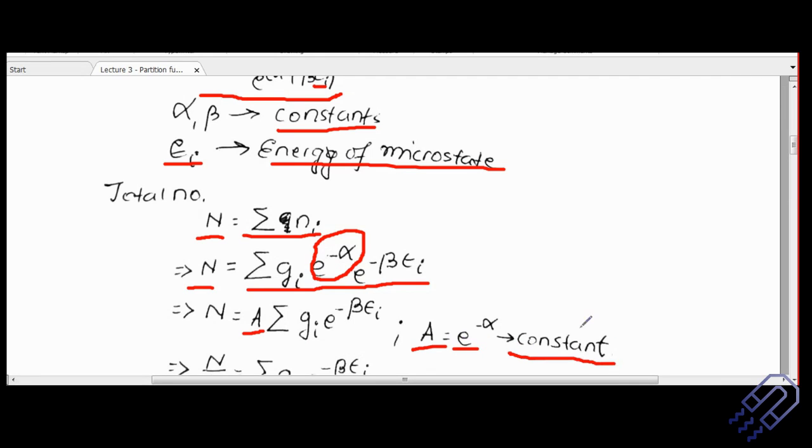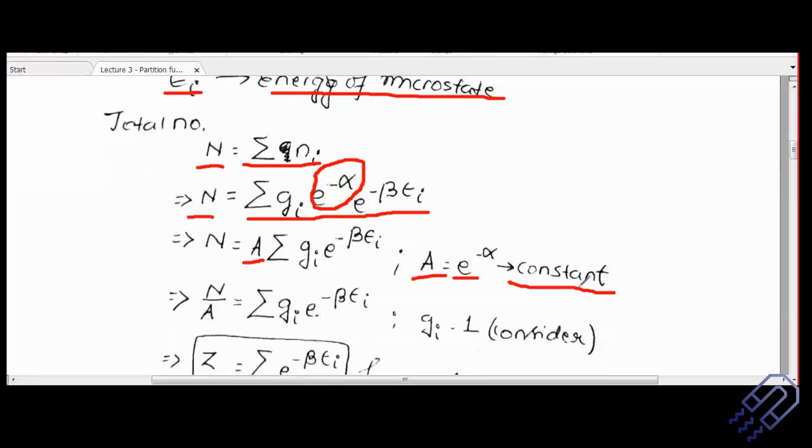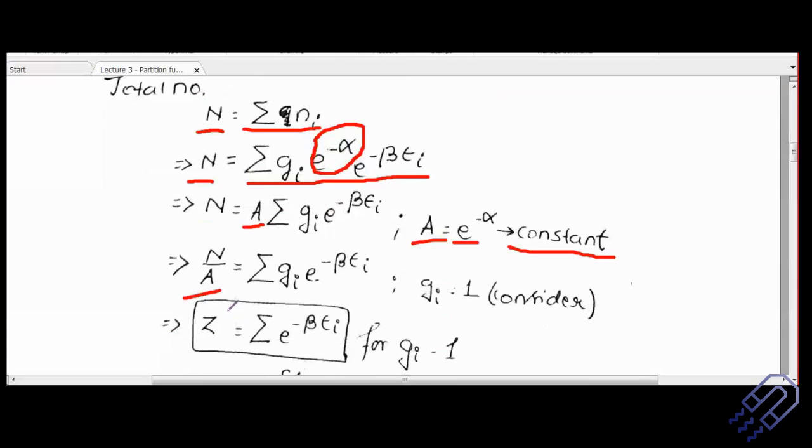This is important. I simply write N divided by A, the total number divided by this constant e to the power minus alpha, and that is the partition function. This is what the partition function is all about, and it is given by the summation of Gi e to the power minus beta epsilon i.